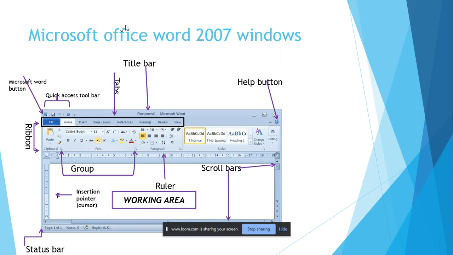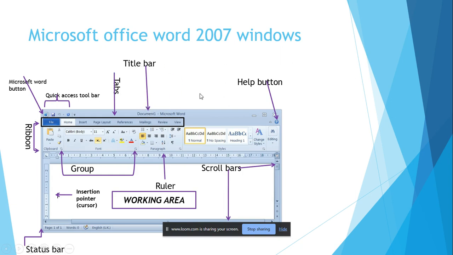As you can see at the top of my window, we have this part known as the title bar containing the title of the program, which is Microsoft Word, and the name of the file, that is Document1. But as we save this file, you will see that the name of the file will change according to the name that we are going to give our file.